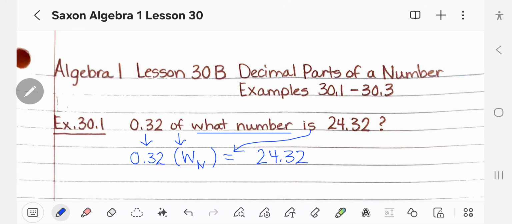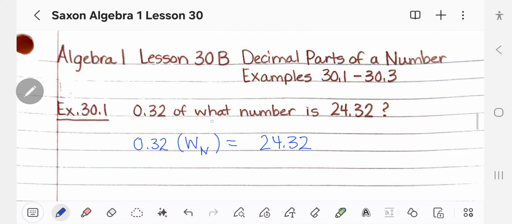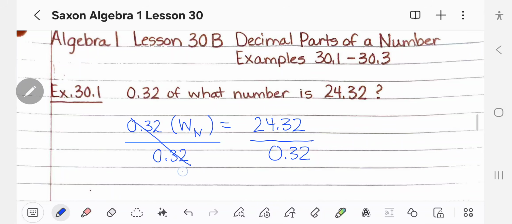So now I can see that I have an algebraic equation, and they are multiplying this variable by 32 hundredths. So I can undo that by dividing both sides by 32 hundredths. So now I know what number is equal to this computation.